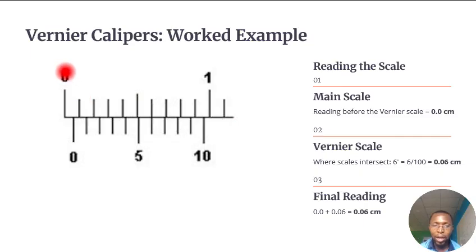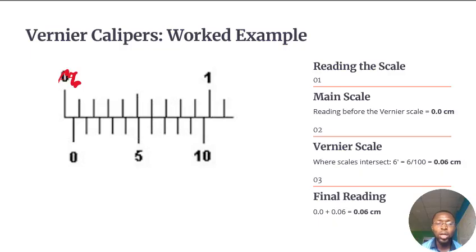Supposing you have 3 around this side, maybe instead of having 0, it is 3. Then automatically the main scale will be 3.0 centimeters.